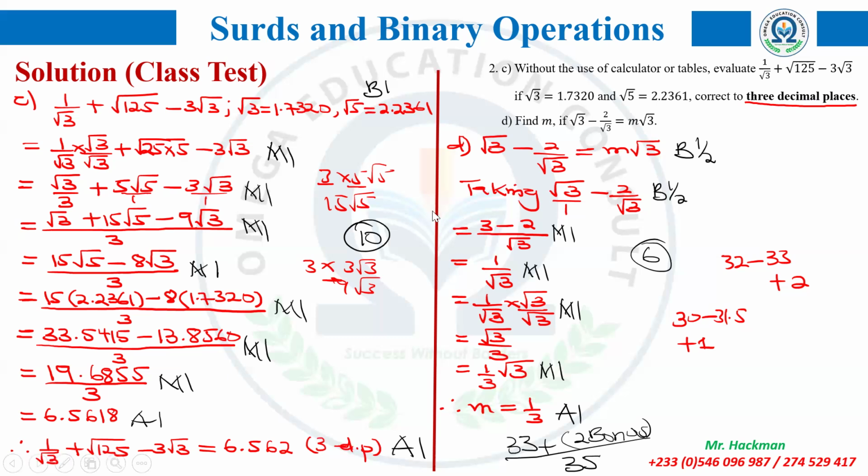And again, if you start any of your steps here with the implication sign, minus 1. If you have more than 1 implication sign, then it will be M0, A0. Take note. All right, so that will be it for the solution to the class test.